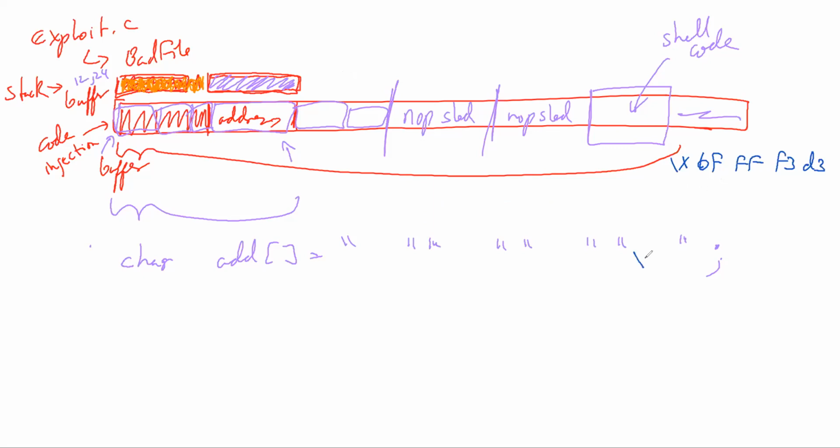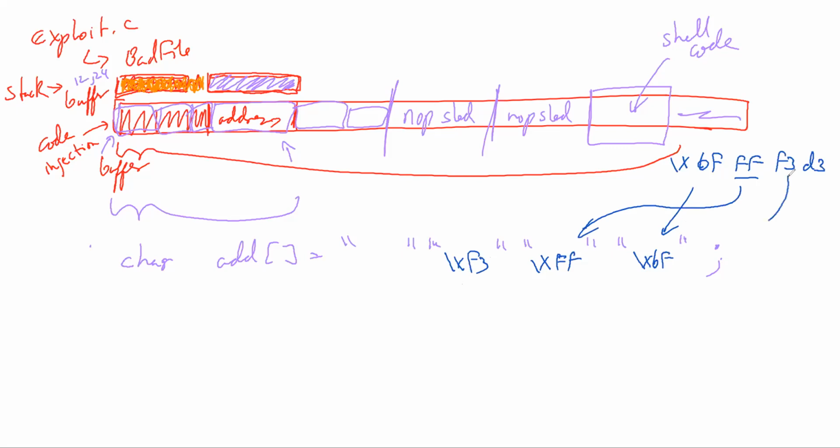You just write \xBF, to indicate it's hexadecimal. And the next one is FF. You can see this one goes there, that one goes there. Then you write the next one, F3.